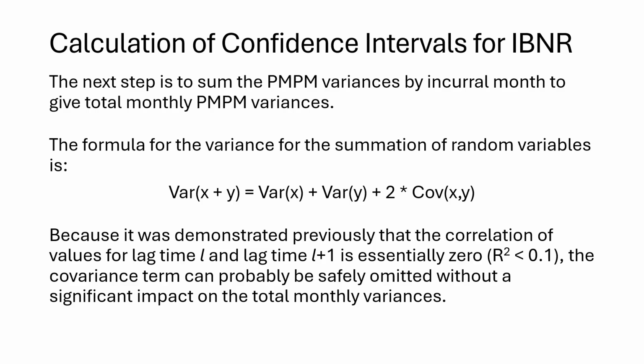Because it was demonstrated previously that the correlation of values for lag time L and lag time L plus 1 is essentially 0, with r squared being less than 0.1, the covariance term can probably be safely omitted without a significant impact on the total monthly variances.